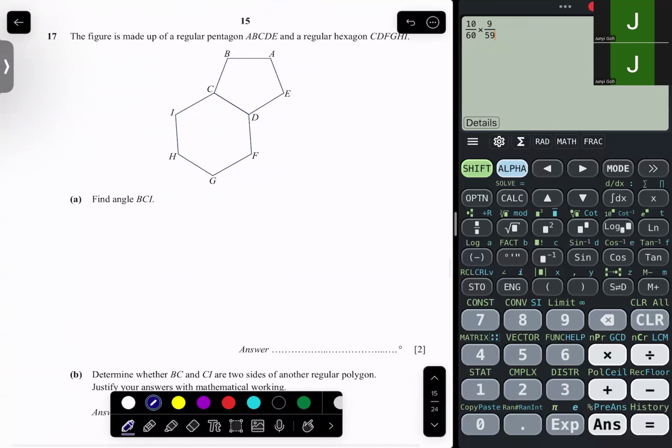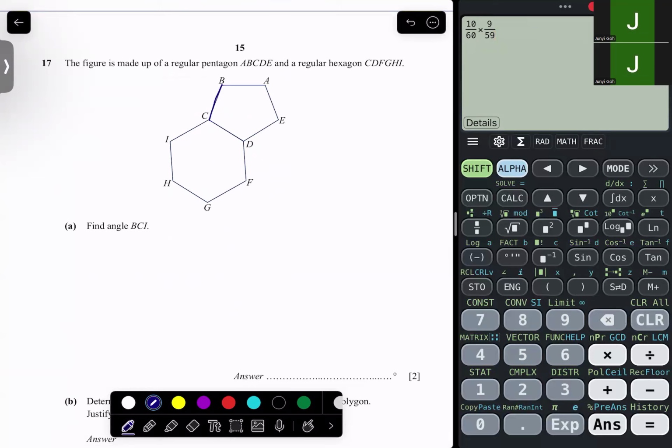Okay, question 17. The figure is made of a regular pentagon and a regular hexagon. Find the angle BCI. They're asking for the angle over here. Now, pentagon, a 5-sided figure: 5 minus 2 times 180 is the formula for total interior angle. That's 540 degrees. Since it's regular, I can take 540 divided by 5, so each angle is 108 degrees.